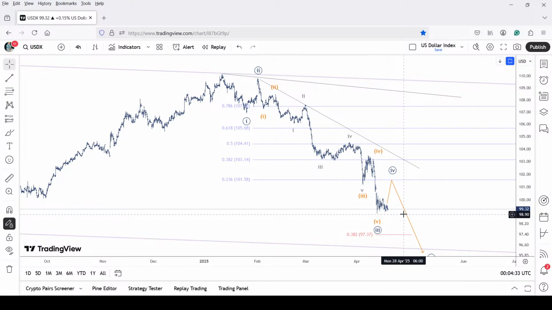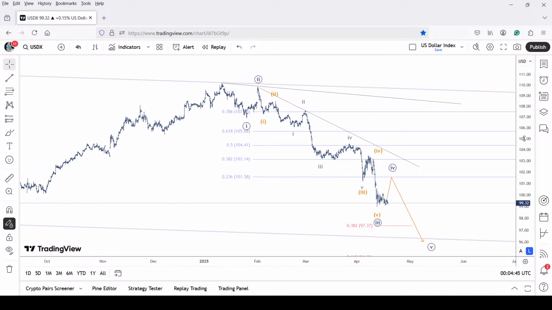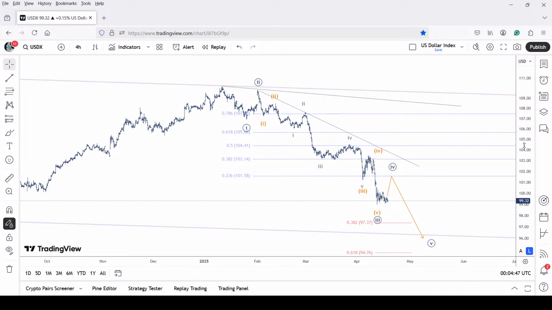And you might want to add further if price action rallies to the 101.50 mark going forward. And then the potential target for the dollar index actually lies all the way towards 97 and possibly towards 95 levels as well.